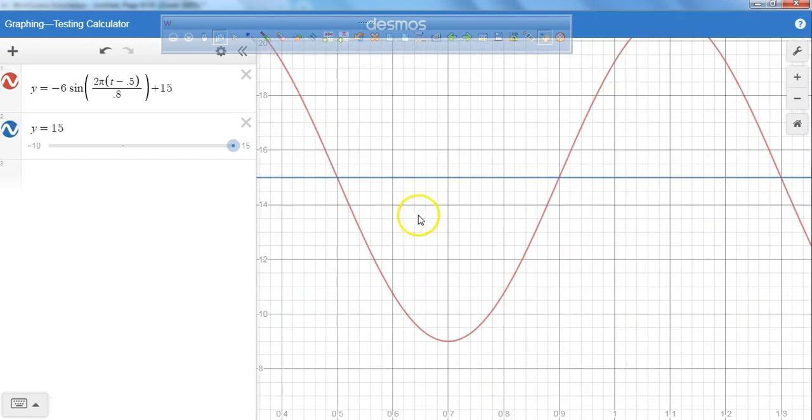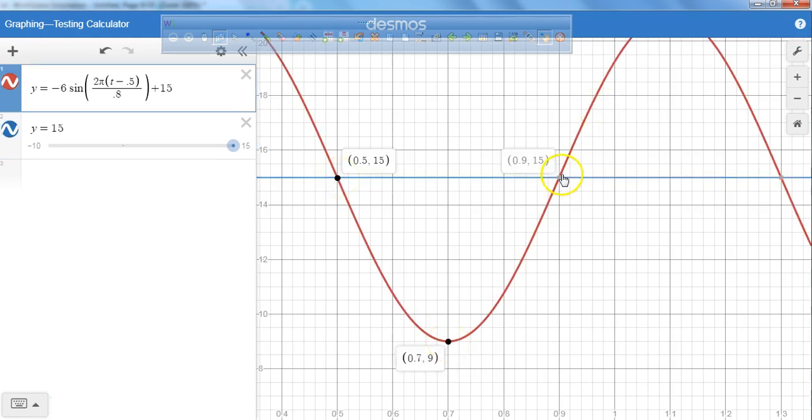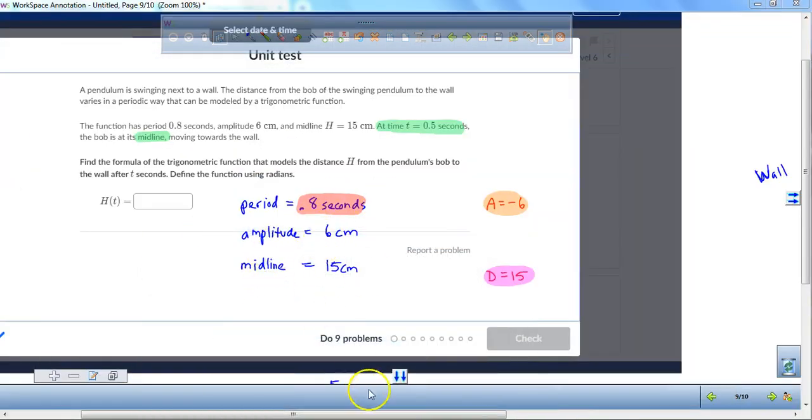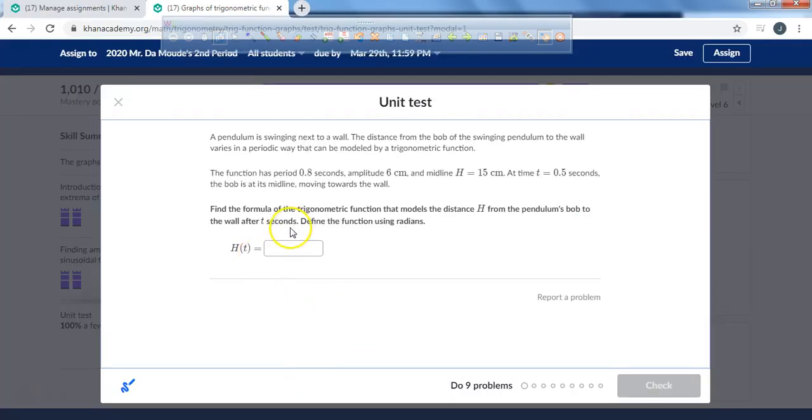After 0.5 seconds, it's at its midline. Then it's going towards the wall, which is right there. Then back up. So this does work. At half a second, it's at its midline, and you can see it's going towards the wall, so it's getting closer to the wall, and right there, there's the 9. Gets back to its midline, reaches its maximum, which should be at 21. So now that I've typed all those in, I feel pretty confident that this is going to be the right answer.